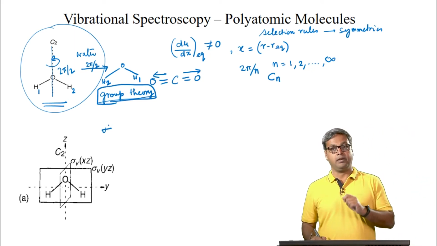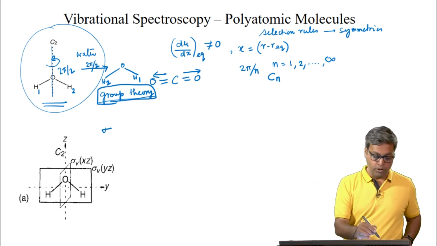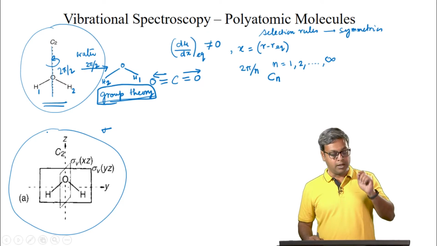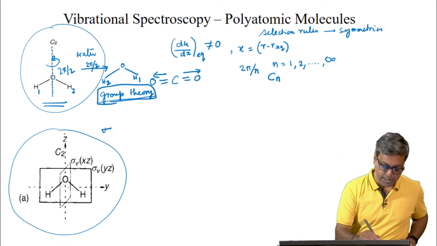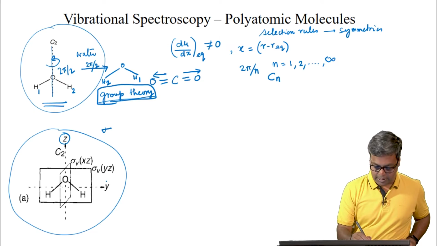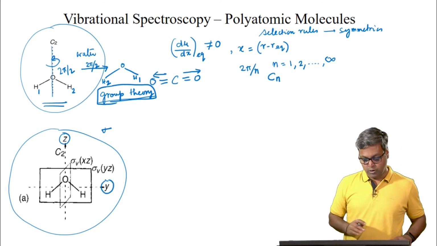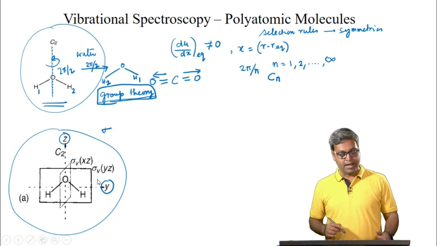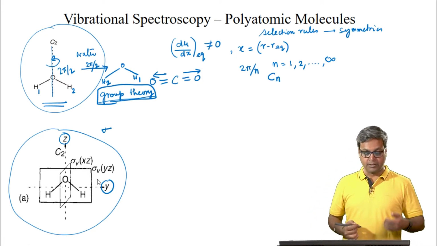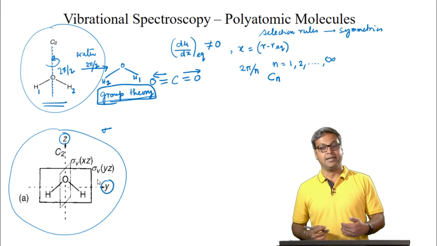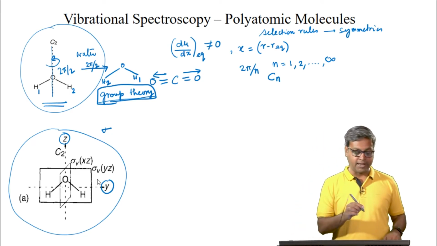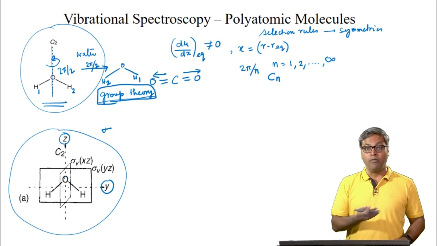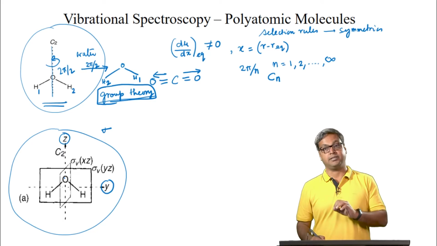Let us look again into water. In this figure the axes are labeled. We have this as the z axis and this as the y axis. The water, which is a planar molecule, has the vertical axis in this plane as the z axis and the horizontal axis as the y axis, and the axis that is going below and up the plane of the water molecule is the x axis.